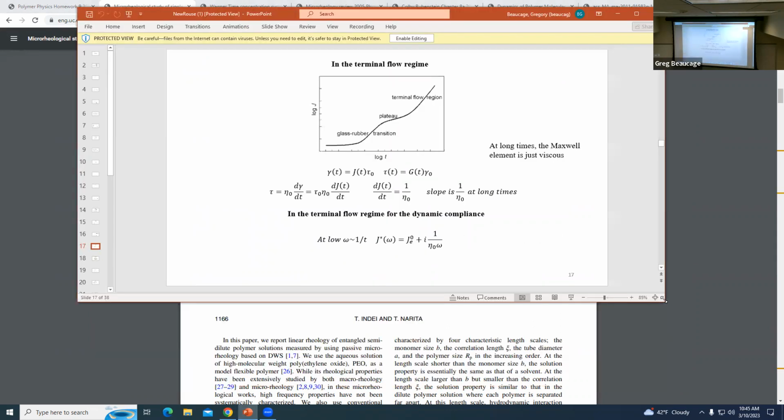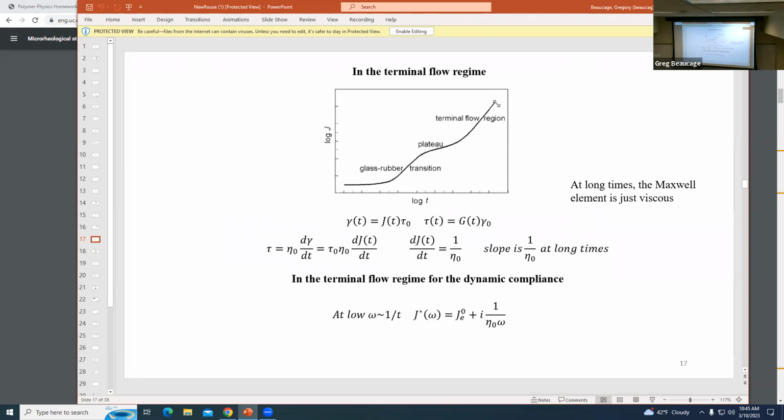So if you go to the flow regime, I just have flow here. So I'm just going to say that the shear rate times the viscosity gives me the shear stress. That's just the definition of viscosity. And the strain is the compliance times the stress, so that's how you define compliance, just like the modulus times the strain is a stress.